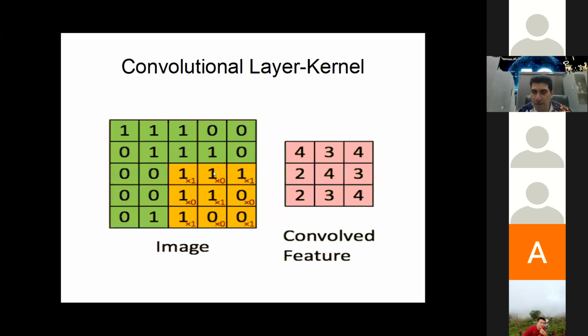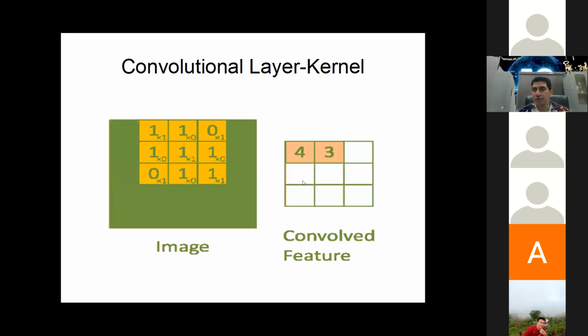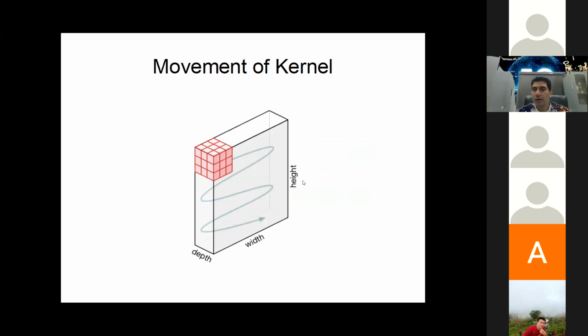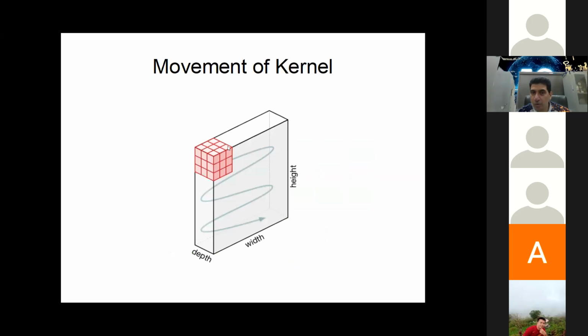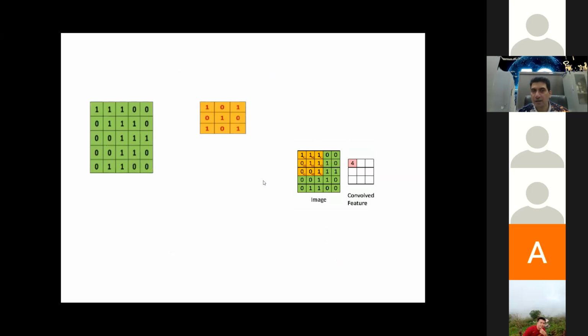So if this kernel is convolved around this image, this is the output you get. This kernel is moved through the image in this manner, across depth and height. Similarly, if this is a kernel and this is an image, and I move it, you can imagine the outputs you are getting. So this is the convolution operation.